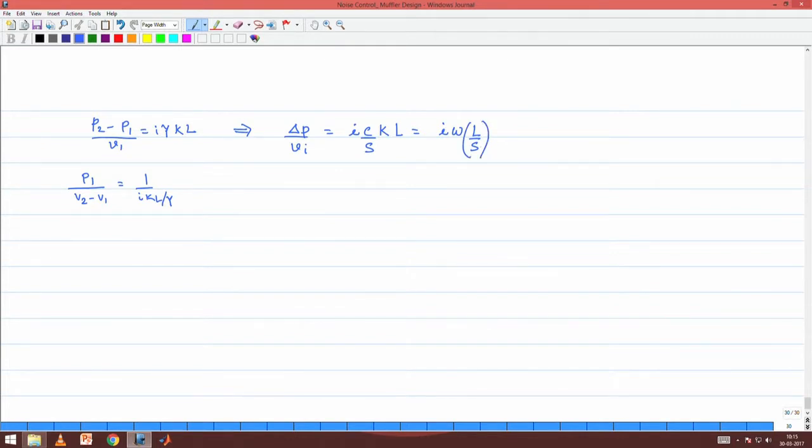P2 minus P1 is delta P. So, delta P by V1 is turning out to be this quantity, right. Please note, this is exactly of the same form as the impedance of the mass element, right.